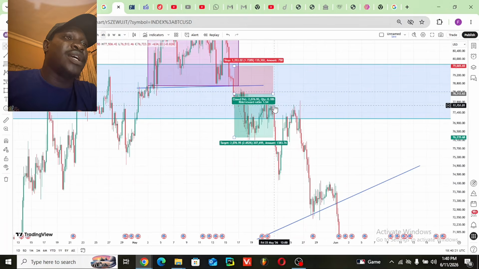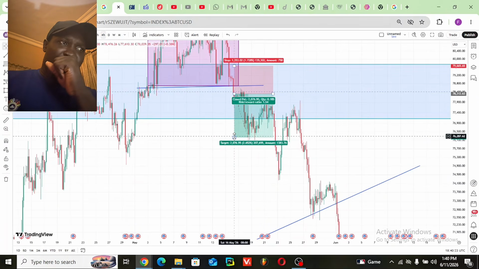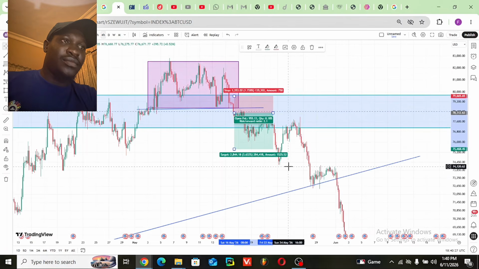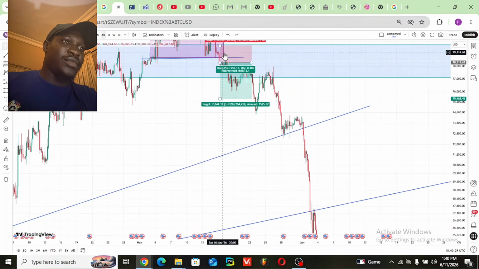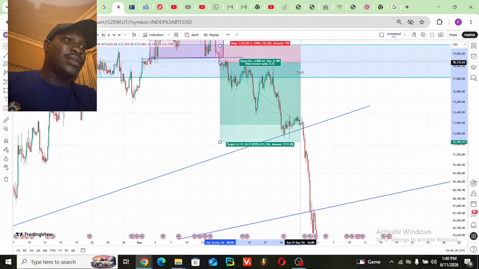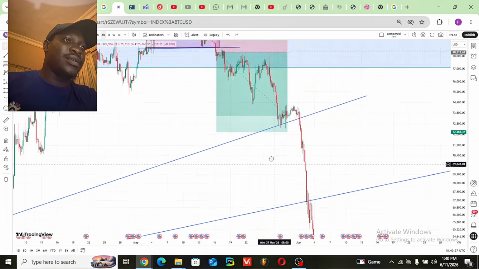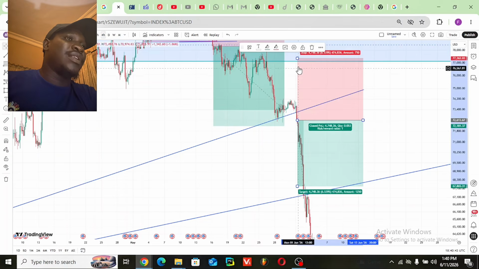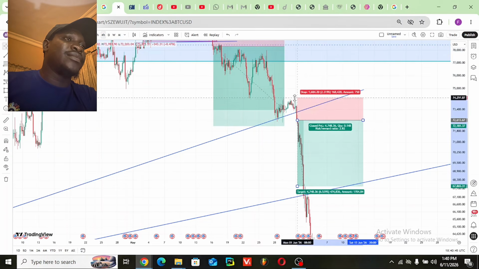Take profit just above the previous high. First take profit to the trend line. Then after this trend line break again, we have another entry right here.